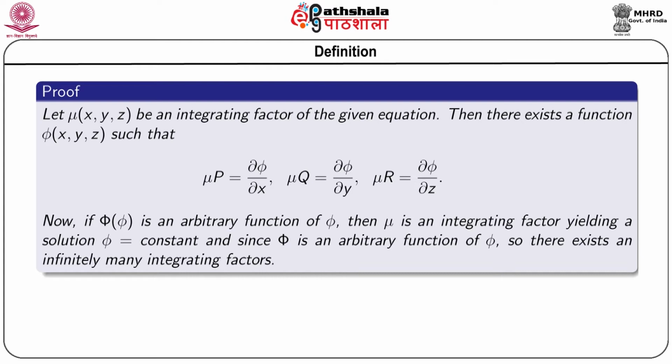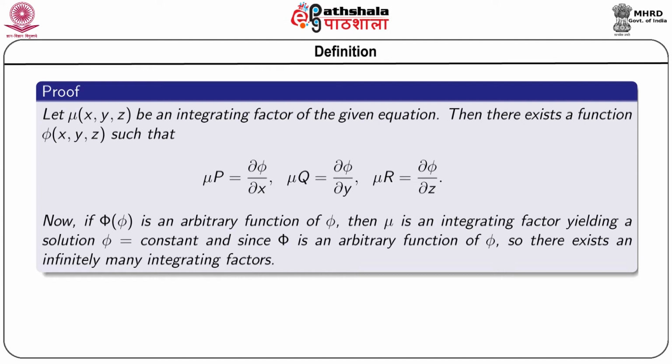So, let mu be our integrating factor. If we multiply this equation by mu, then we can write the equation in this form, where mu P = ∂phi/∂x, mu Q = ∂phi/∂y, and the equation becomes in this form.